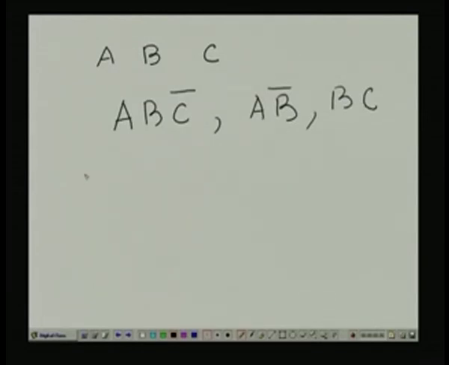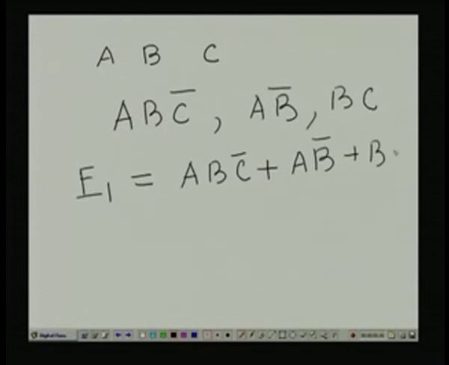Now, if some expression, say I am taking E1 equal to A, B, C bar plus, see these are the sum of product form or sum of min terms, this is one canonical form.